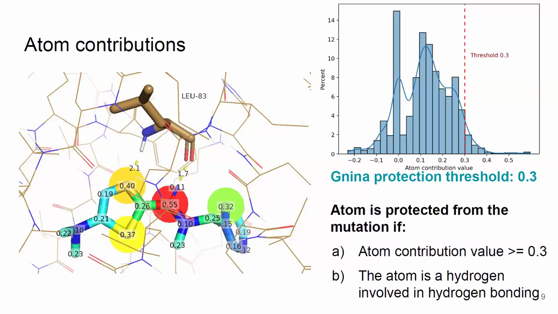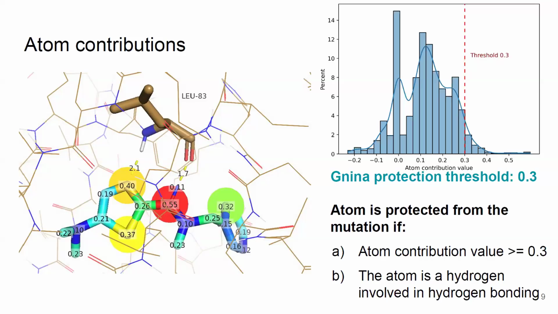We wanted our threshold to protect neither a very large nor a very small number of atoms, and we tried to see visually that it would correspond with the binding. By this analysis, empirically, we chose 0.3 for GNINA.